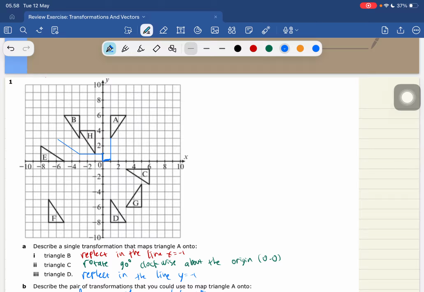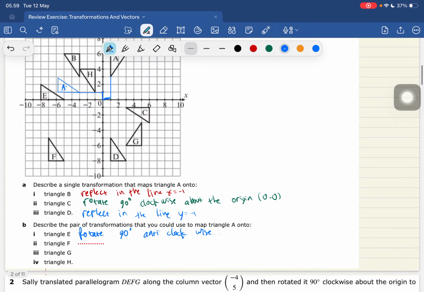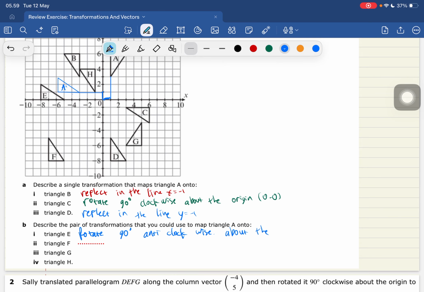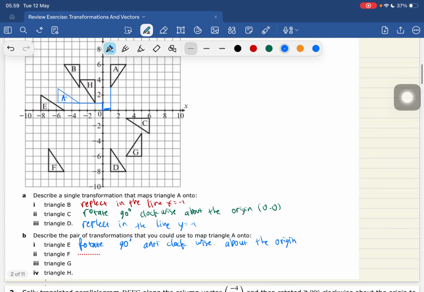After the rotation, about the origin, the easiest next step is just moving, or we can write it as translate.